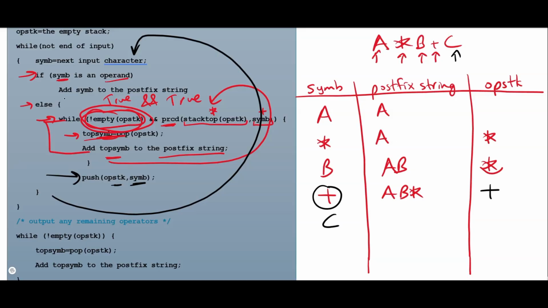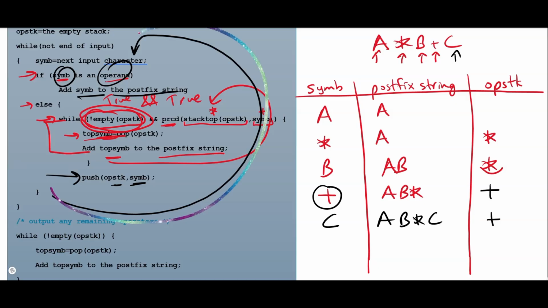Okay. Then next loop cycle for the next character, it is C. C is an operand, so I will add it to my postfix string. A, B, multiply, C, and we have plus in the stack. And then the next loop cycle, but it is the end of input, so I will terminate this loop, and now I am here. I will take every element in the stack one by one and add it to my postfix string.